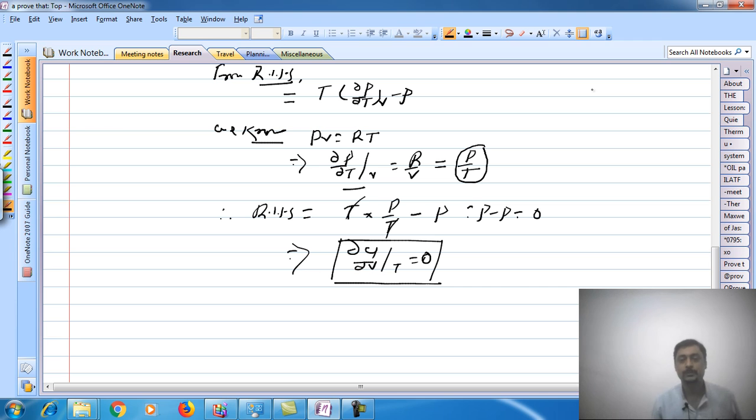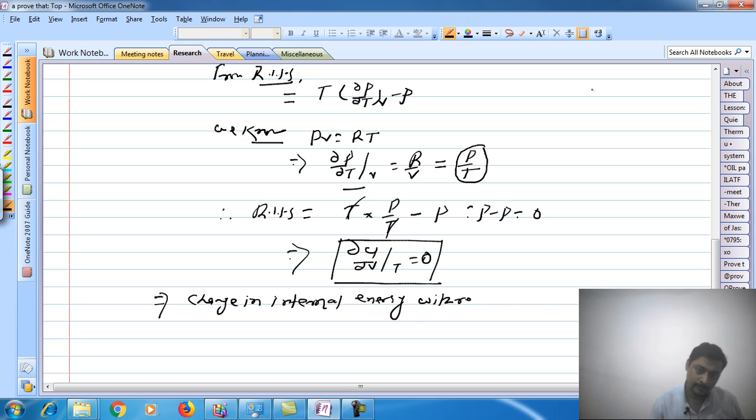What is the meaning of this? This implies the change in internal energy with respect to volume at constant temperature will be 0.